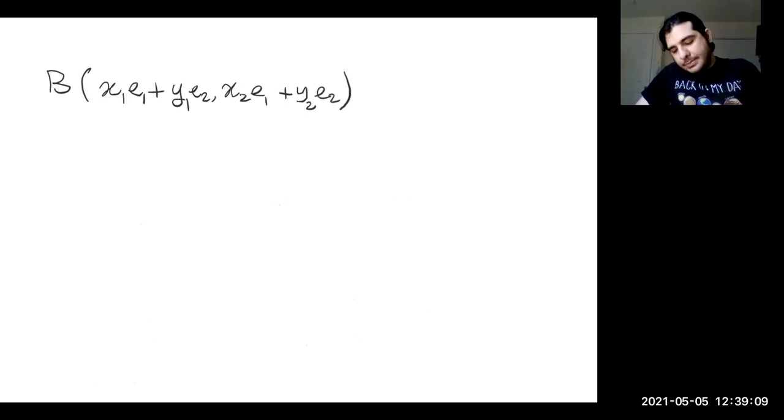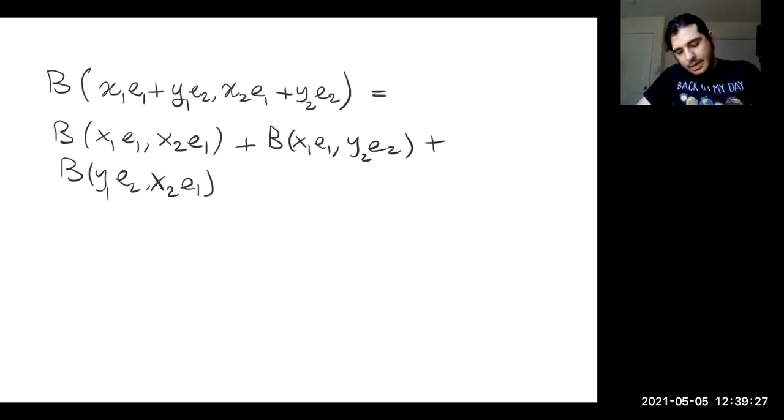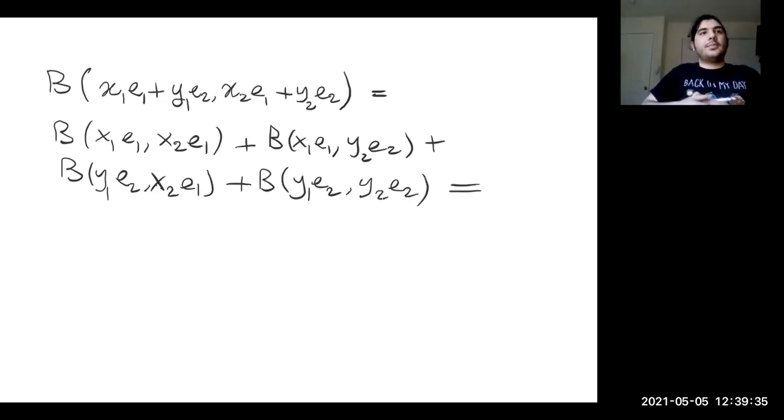If I expand this bilinearly, it would be b of x1 e1, x2 e1 plus b of x1 e1, y2 e2 plus b of y1 e2, x2 e1 plus b of y1 e2, y2 e2. Right, because it is bilinear.